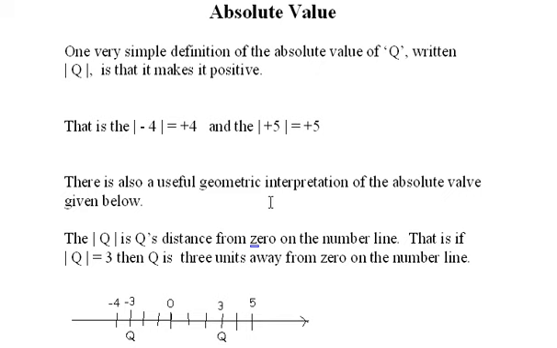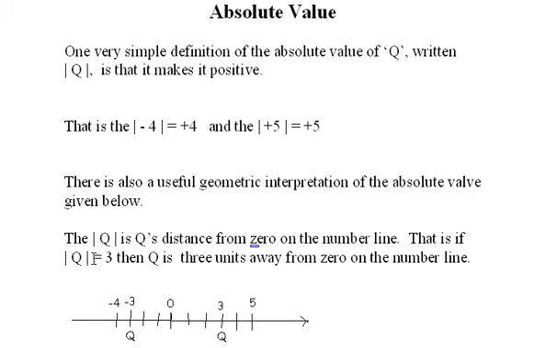There is also a useful geometric interpretation of the absolute value, given below. The absolute value of Q is Q's distance from 0 on the number line. That is, if the absolute value of Q equals 3, then Q is 3 units away from 0 on the number line.